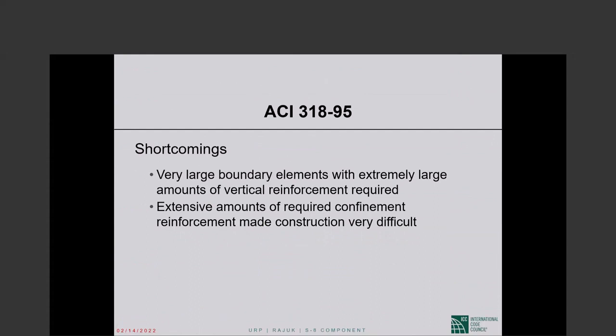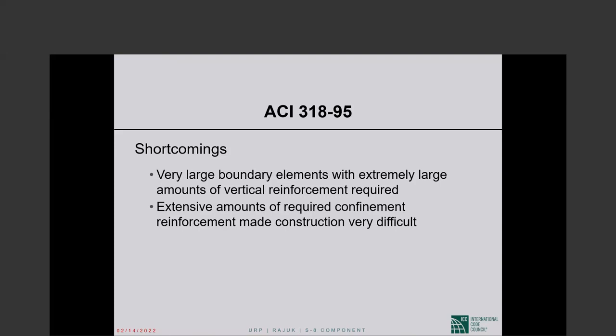What the story I told you so far, I think, is bad enough. But now it gets much worse when I tell you that these compression bars that you need to carry 1/2 of P sub u plus M sub u divided by L sub w prime, all these bars must be tied and cross-tied like column bars.